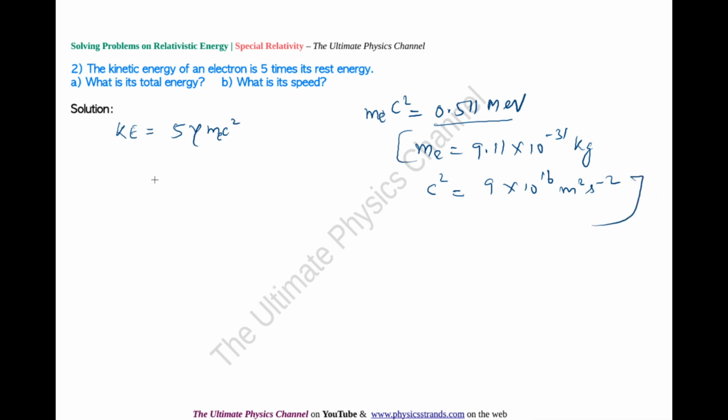Right. Now the kinetic energy expression we are familiar with. That is gamma mc squared minus mc squared, which is 5 times the rest mass energy. So we can write this also as gamma minus 1 times mec squared. I'm just suffixing E here because it is the mass of the electron.